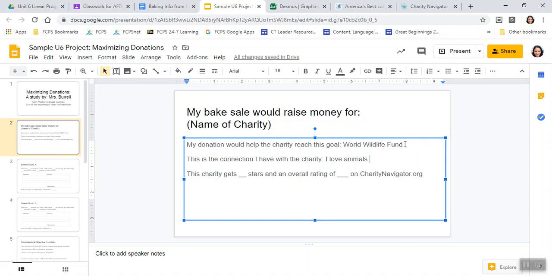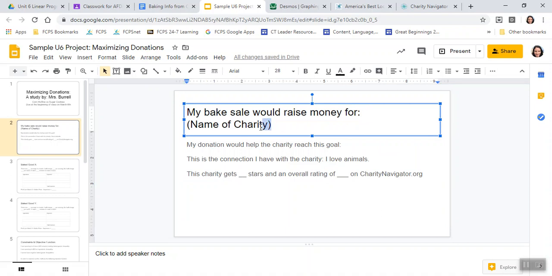Oh, sorry, World Wildlife Fund actually goes up here. And that doesn't look right, so let's fix your font. Make it bold, make it bigger.